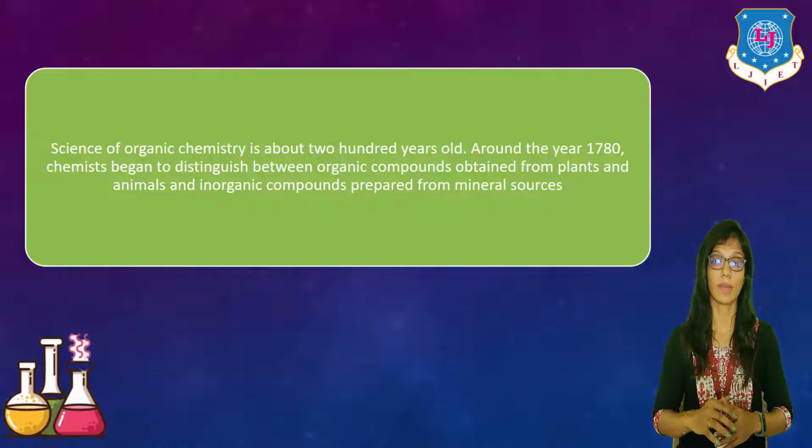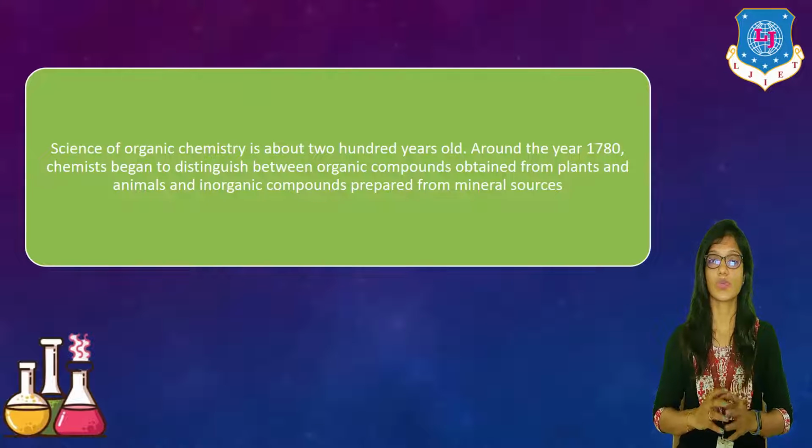Not only in chemical industries, but in petrochemical industries, in biofertilizer industries, as well as in pesticide industries. So everywhere it plays an important role. And to understand that, we have to understand the difference between organic compounds and inorganic compounds.